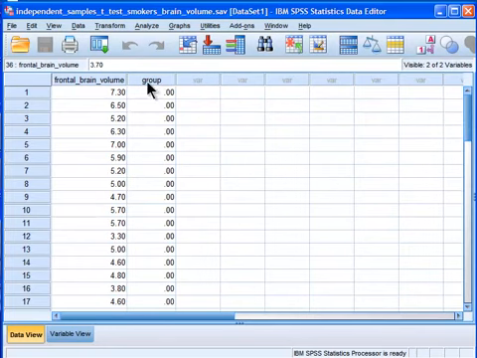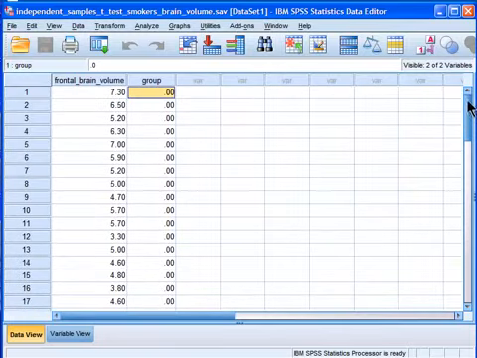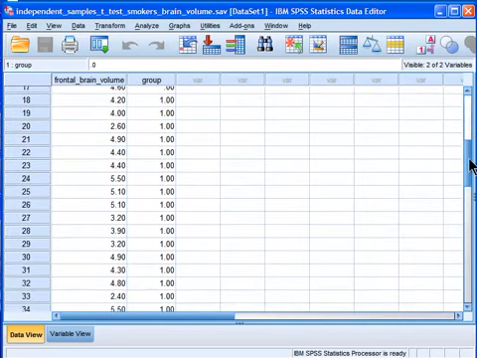And then we've got our grouping variable next to the frontal brain volume variable. So for grouping, I've got two groups, zeros and ones. Got the ones at the bottom, zeros at the top. And zeros are people who are non-smokers, and ones are smokers.